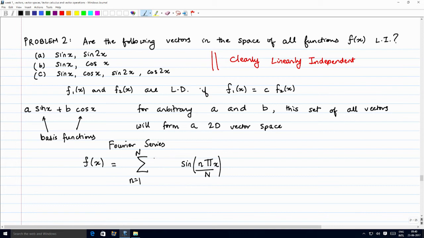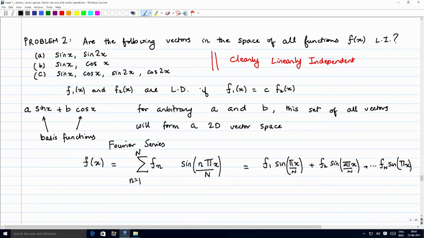That coefficient I will write as f_n. So this is the nth coefficient. Basically this can be written as f1 times sin pi x by N plus f2 times sin 2 pi x by N plus dot dot dot f_N times sin N pi x by N, which is the same as sin pi x.